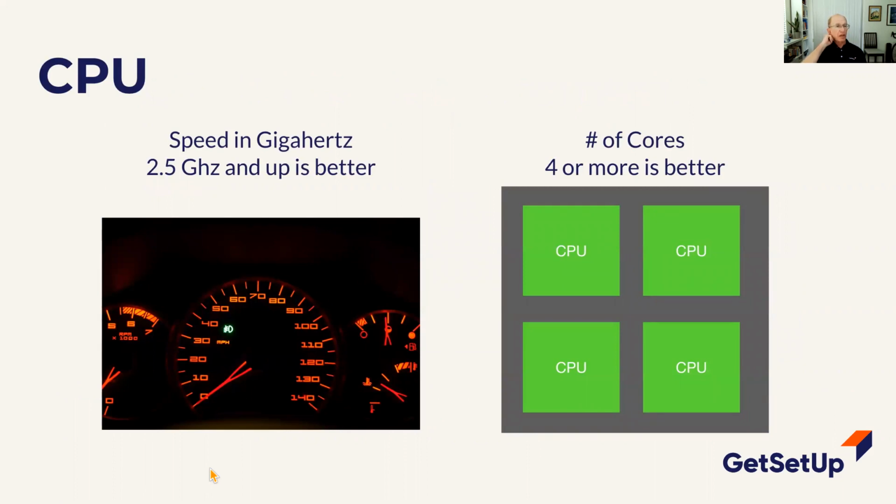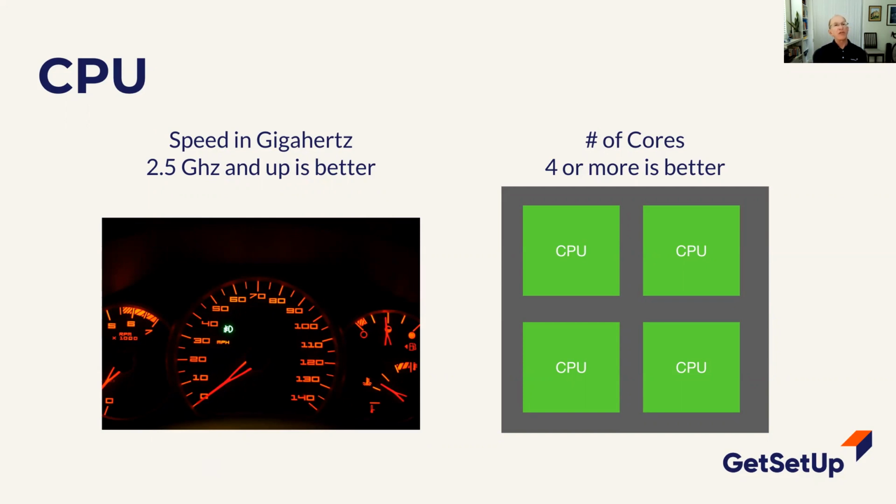Now, you've probably heard terms thrown around like gigahertz and cores. As the people that make CPUs have gotten smarter and more experienced, they make them in expensive factories that cost billions of dollars to make.